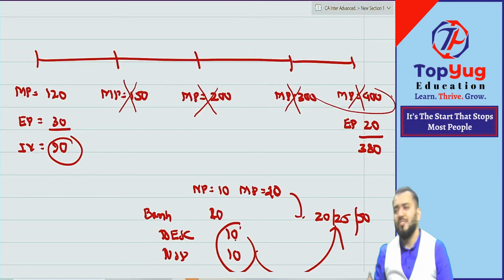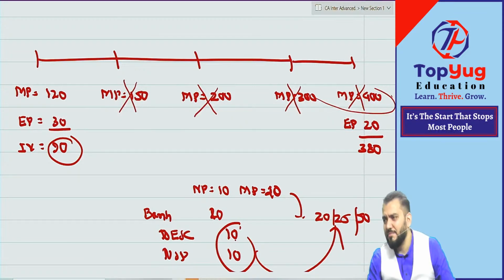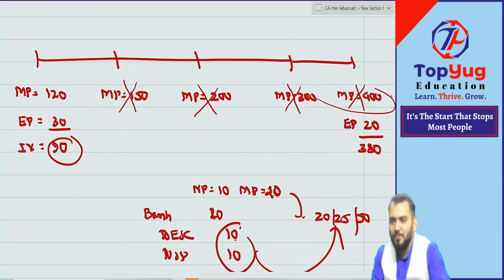And doubt. But a doubt will come not in Inter. At final stage, once you become a little more matured, one doubt may come. Normally in final also, when I teach this chapter in CA final, I found that this point is also not known to anyone.